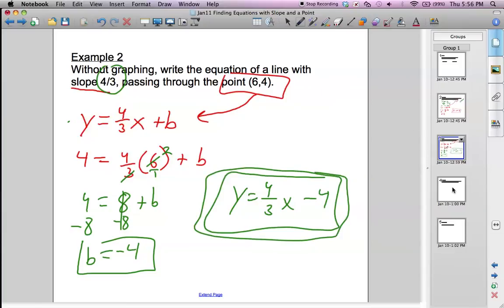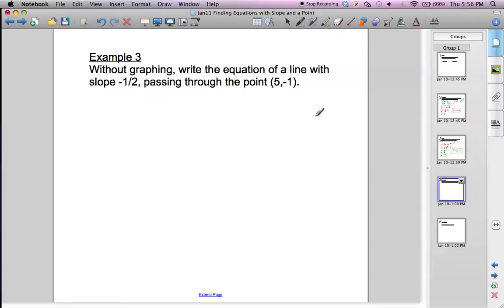Okay, one more example. Perhaps this one's going to be a little tougher. Here's the slope, so y = -1/2 x + b. And we're going to substitute in this point to find b.